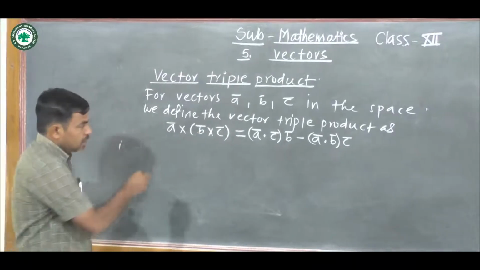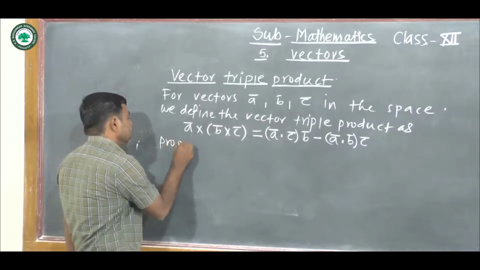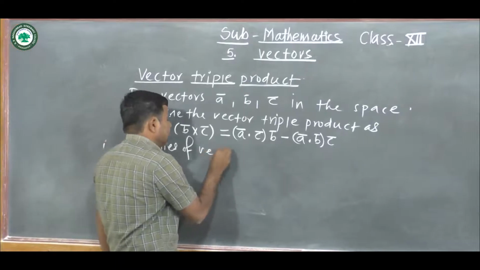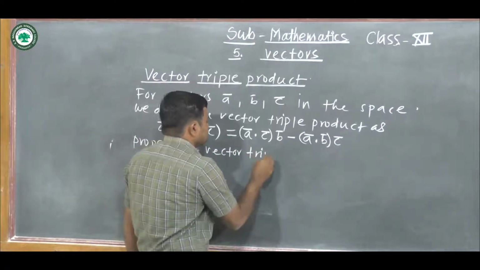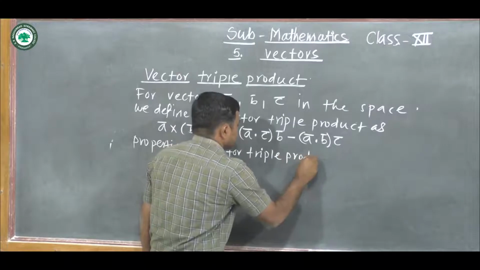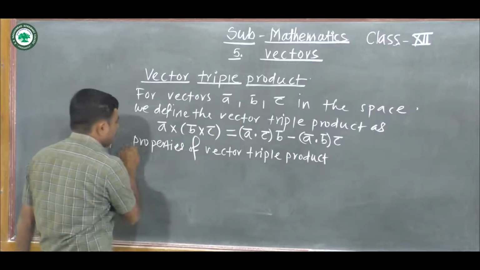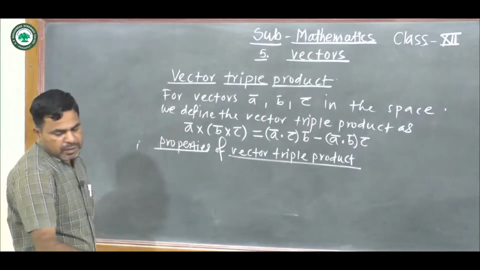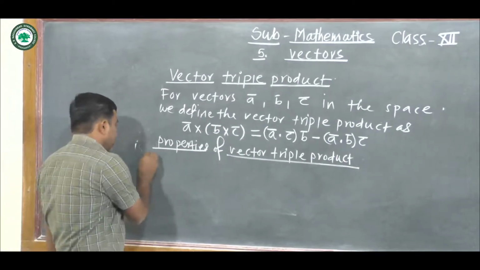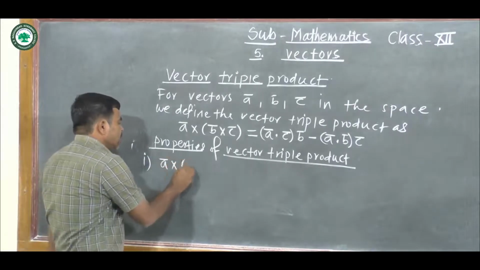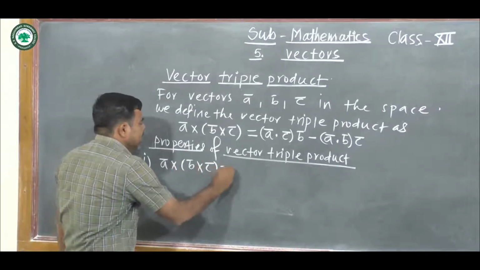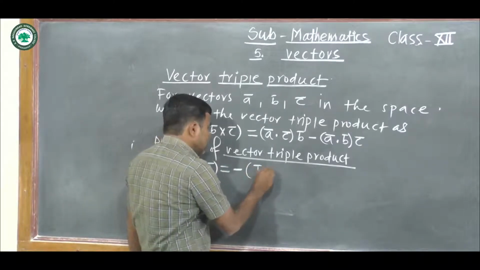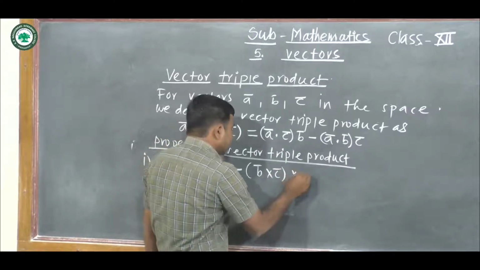Now see the properties of vector triple product. The first property is A bar cross B bar cross C bar is equal to minus B bar cross C bar cross A bar.